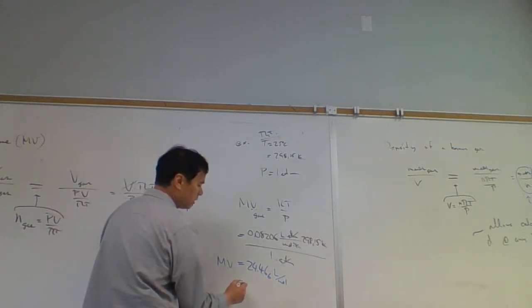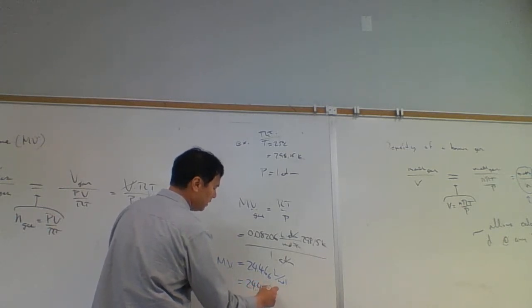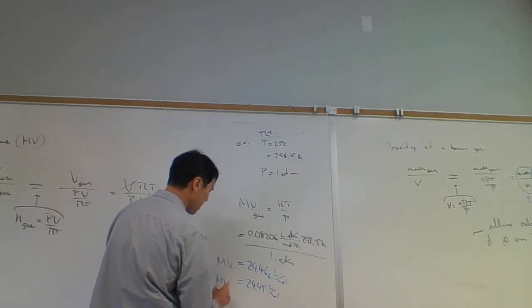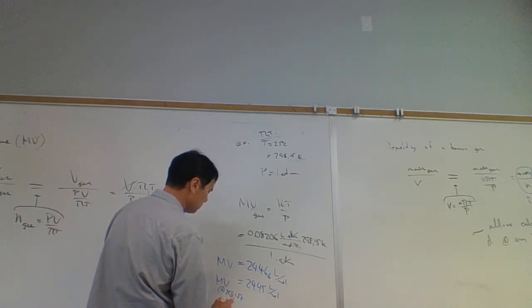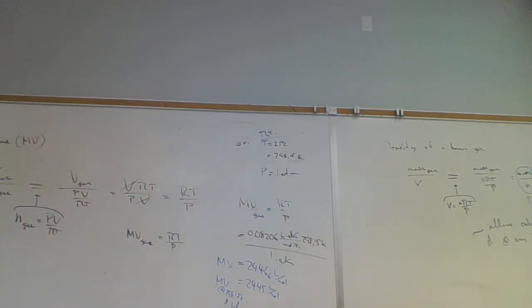And so we're going to round this to 4 sig figs, 24.47 liters per mole. Molar volume at 298.15 K and 1 atmosphere. So 24.47, or about 24 and a half liters in a mole of gas.